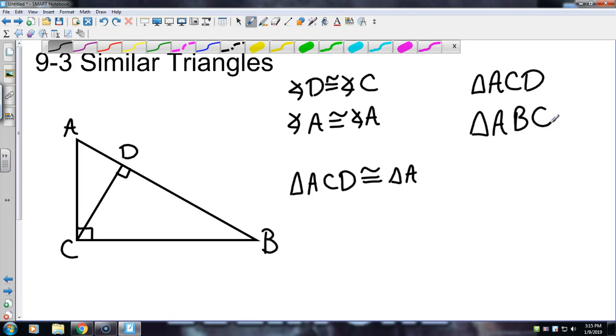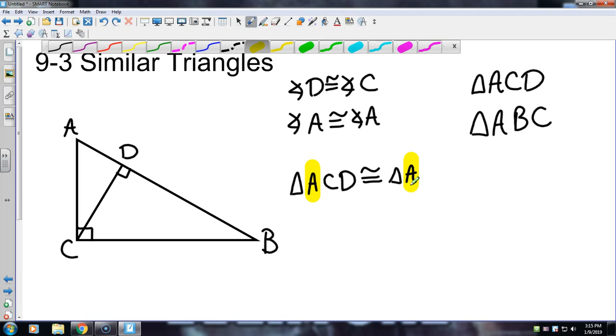However, in my smaller triangle, I don't actually have an angle C. And so that's what's causing me to pause here real quick. What I do know is they both have an A, so I'm correct here. Order-wise, A is going to be the same as A here.